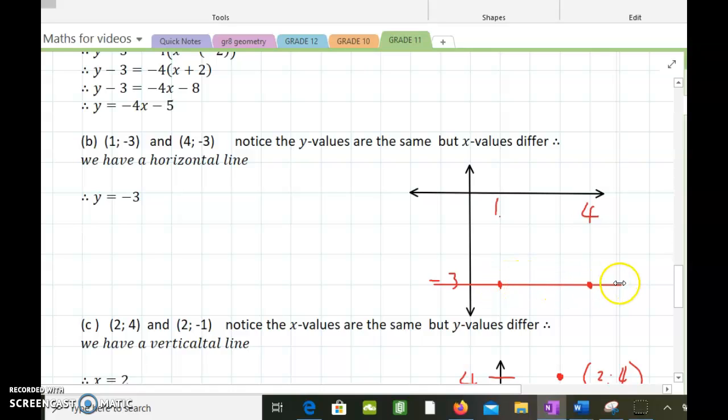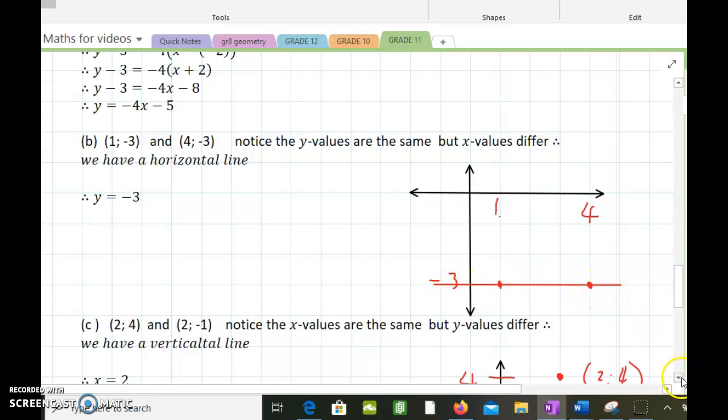Y is constant. Y is equal to -3. It's a horizontal line, therefore that's the equation. Y is equal to -3. Note, the gradient is 0 and y remains -3 even though x is changing all along that line.